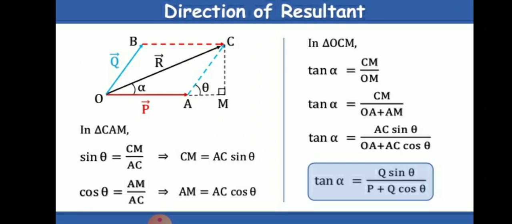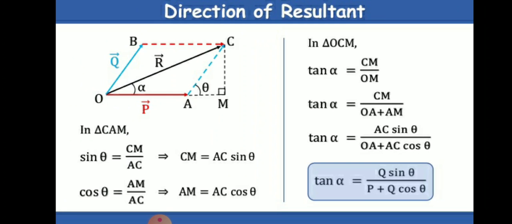For this derivation we are following the same diagram that we used in the previous derivation. Now you know what vector P and vector Q are. These are the two vectors. Now we have to take the triangle CAM. Students, you have to observe the diagram.